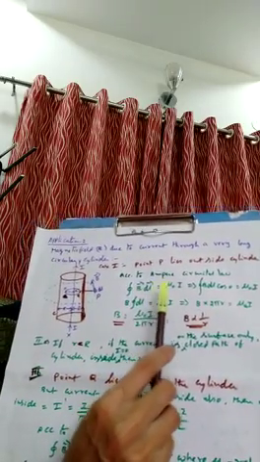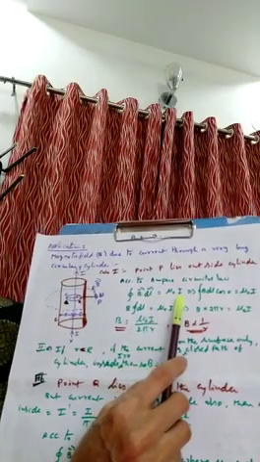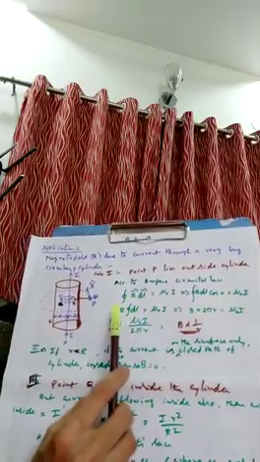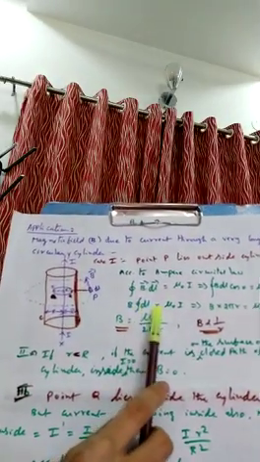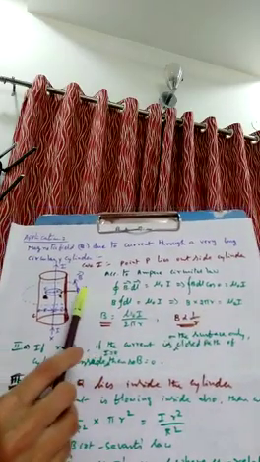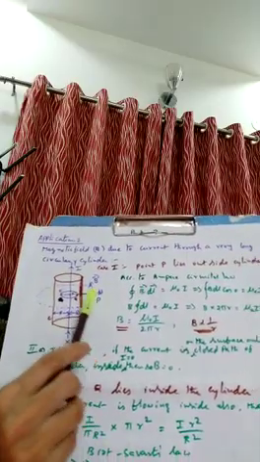According to Ampere circuital law, the integral of B dot dl is mu naught I, that is, the integral of B dl cos 0 is mu naught I. Taking B outside, the integral of dl gives B into 2 pi r equals mu naught I. What is the integral of dl here? It is the length of the loop.